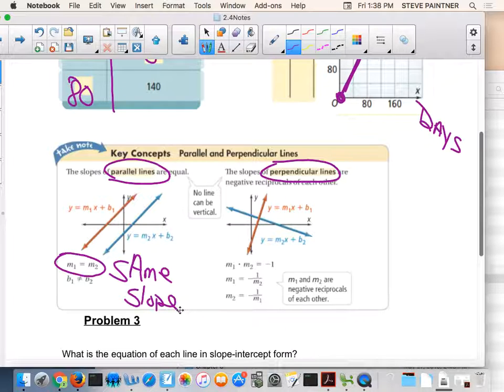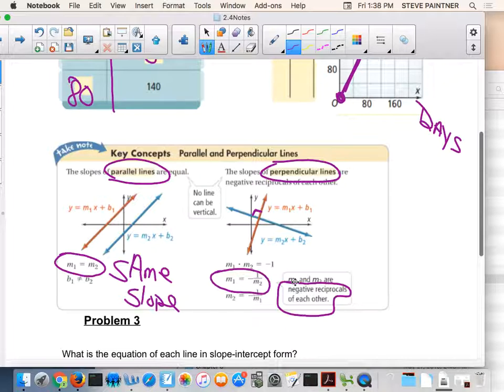These are called perpendicular, which means they form what? 90 degrees. Okay, and if they form 90 degrees, they're perpendicular no matter how you position them. But what you need to know is right about here, M1 equals negative 1 over M2. Reciprocal. It says negative reciprocals.